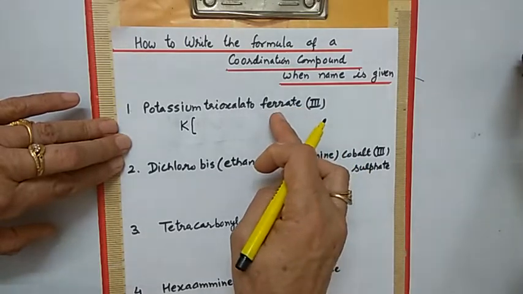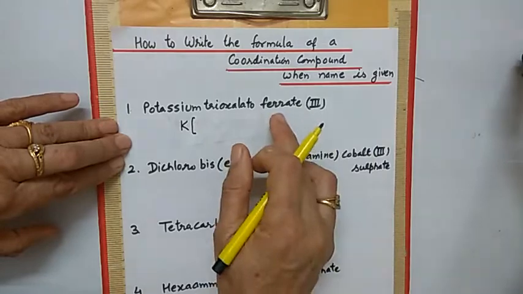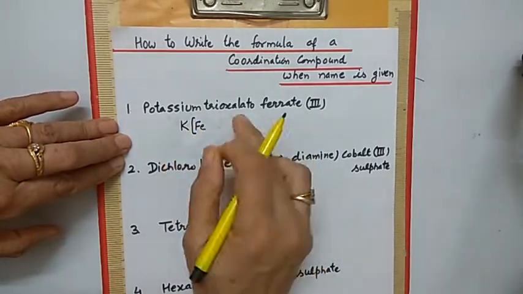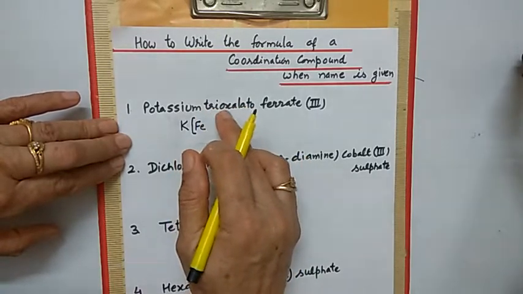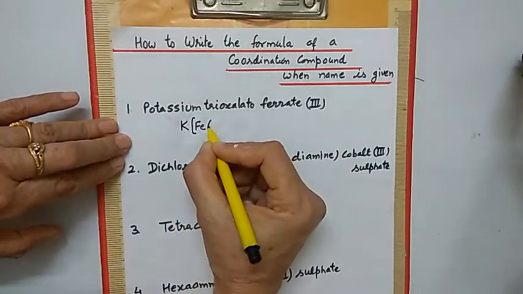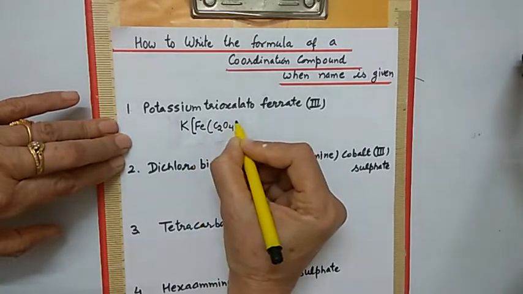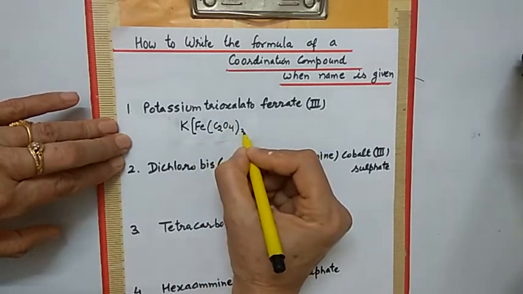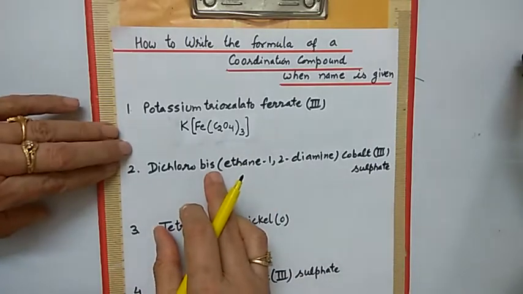In the bracket we first write the central metal atom, that is iron. Now the ligand, trioxalato. The ligand is oxalate, and the formula for the oxalate ion is C2O4. How many oxalate ions are there? Tri means 3.